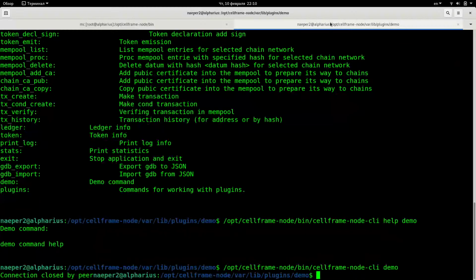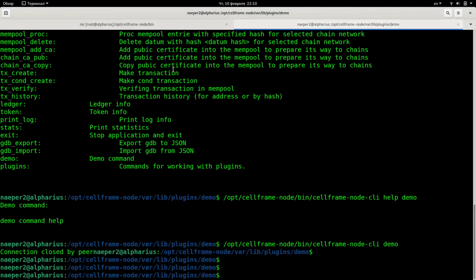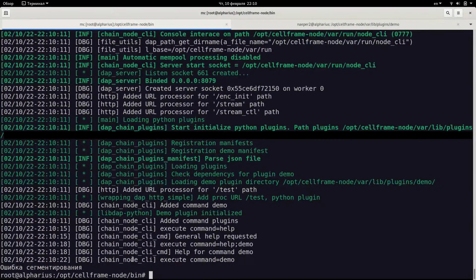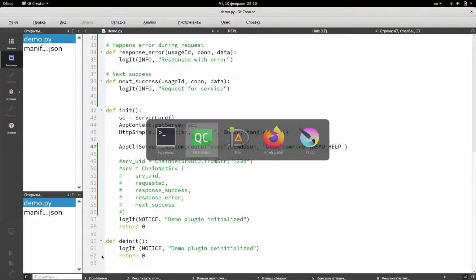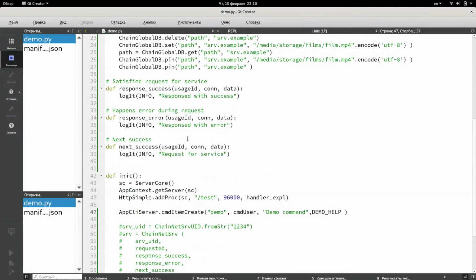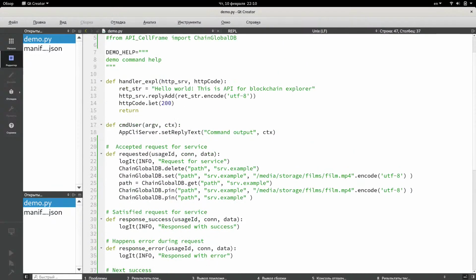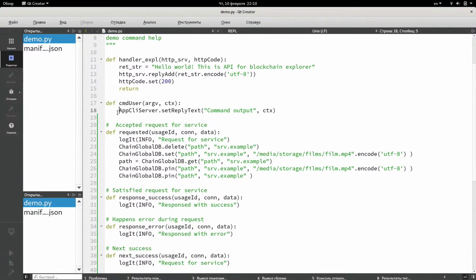So if you write demo, the connection closes because something became broken. And what could it be inside the demo handler, some repl text. I don't know why it became. Okay, let's just replace it.